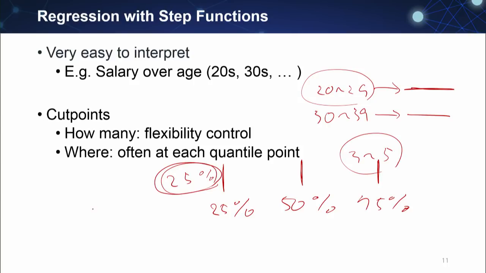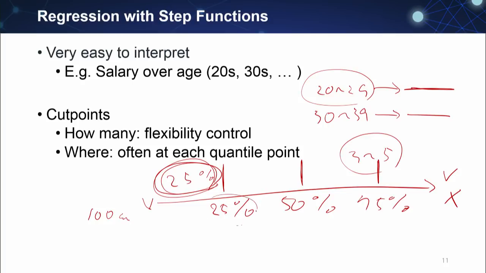In total, if we have 100 samples along x, aligned in order from the smallest to the largest, the first 25 samples are below the 25% quantile. Then the next 25 samples are between the 25% and 50% points, and similarly for the next 25 and the last 25. That is what the 25%, 50%, and 75% quantiles mean.